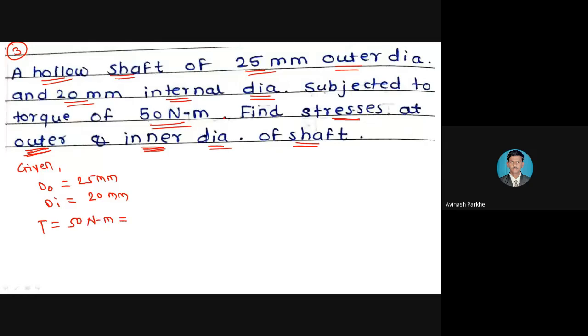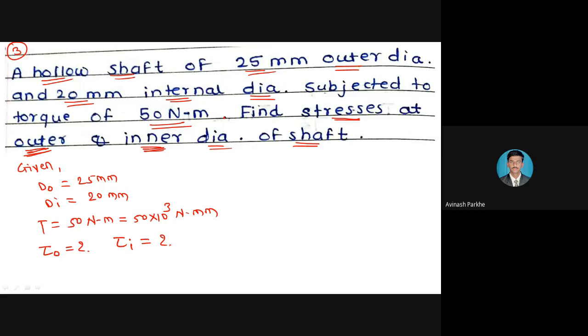It is given in Newton meter only, so I can convert 50 into 10 raised to 3 Newton mm, because Newton is already present and meter to mm is multiplied by 10 raised to 3. Then we have to calculate the shear stress at the outer radius, that is tau O, and the shear stress at the inner radius, tau I. These parameters we have to calculate.